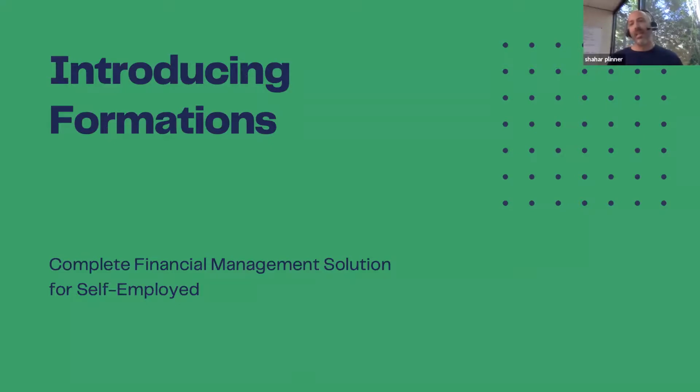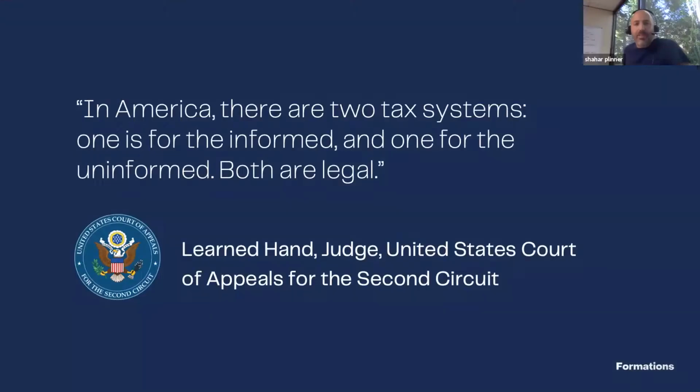I think there was an interesting quote by one of the tax court judges, Learned Hand, who said many years ago that in the US there are two tax systems, one for the informed and one for the uninformed, and both are legal. I think what Formations is pushing is to be informed, be educated, be on top of your financials.